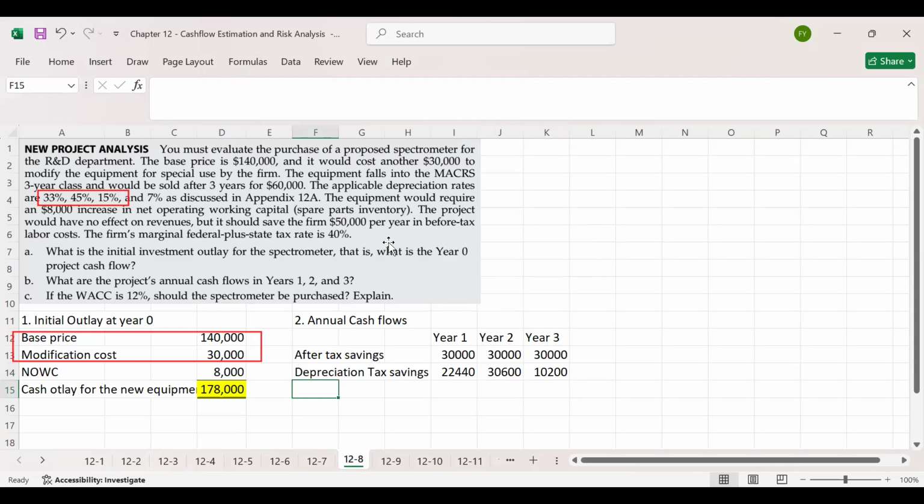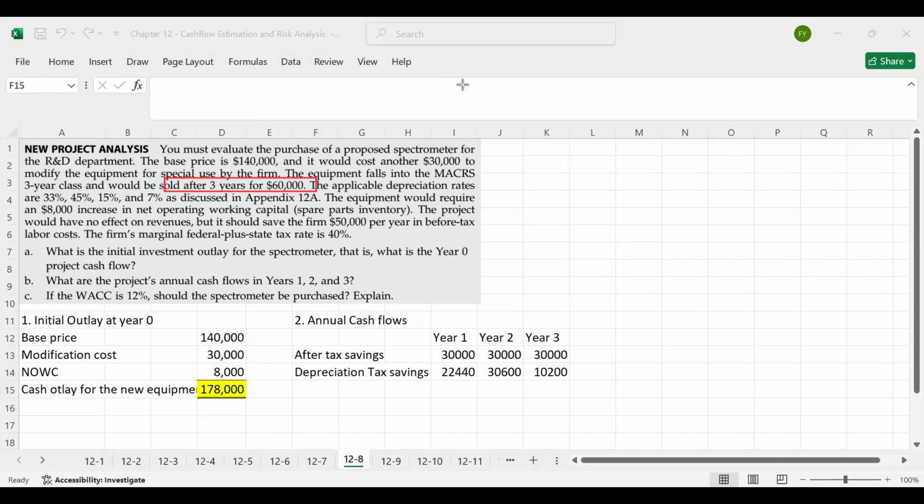And then we have discussed the salvage value, that you can check here. The equipment falls into the MACRS 3-year class and would be sold after 3 years. So after 3 years, the company will get the salvage value, which is $60,000.